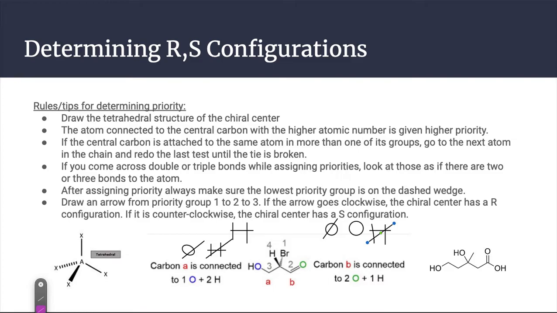The second method is you can just go ahead and draw the arrow and figure out the configuration, and right before you put the answer down, you switch the configuration. So for example, you did the configuration for this one and you got R configuration, then that would mean that the actual configuration is S because the hydrogen is not in the back, and if you would move it to the back, then the configuration changes.